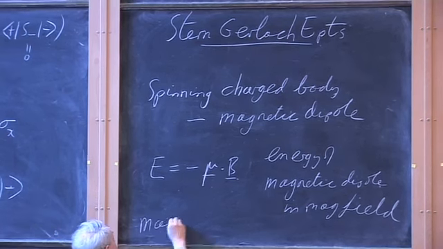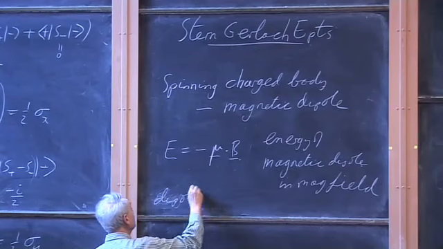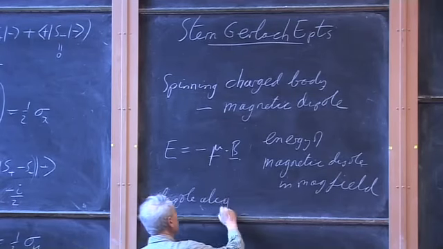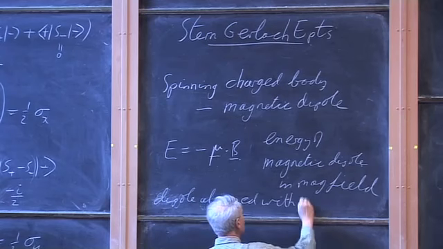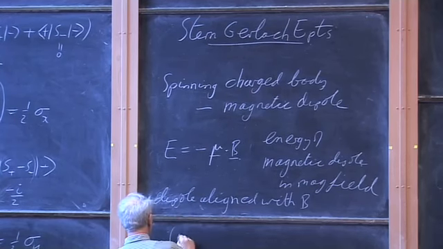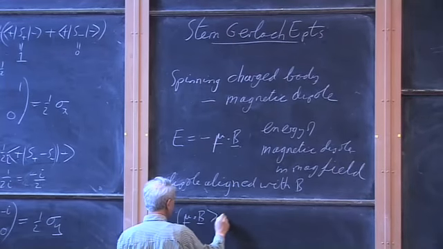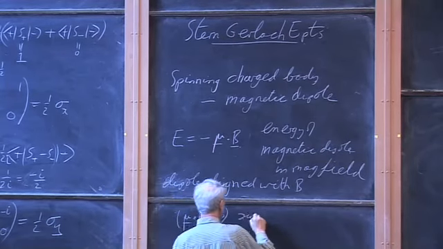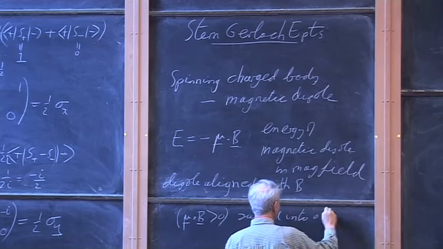So a dipole aligned with B, so that means that mu dot B greater than naught, is sucked into a field.